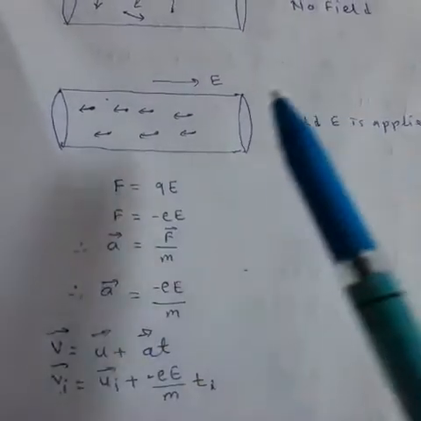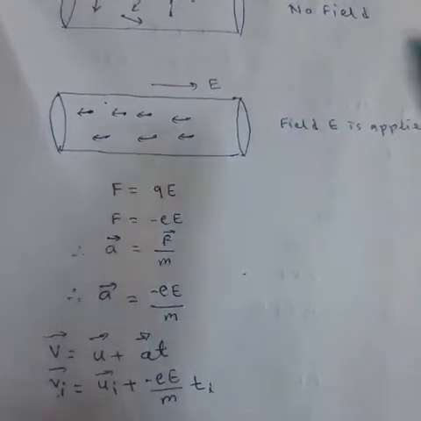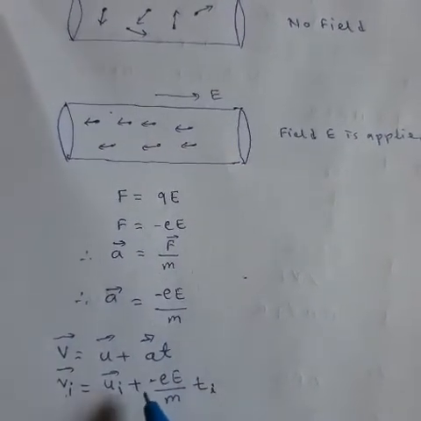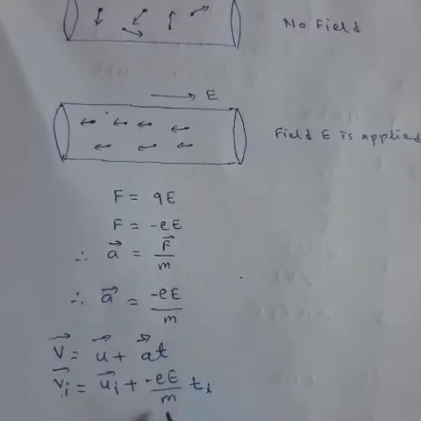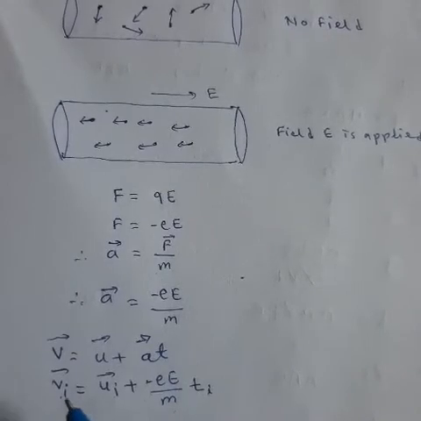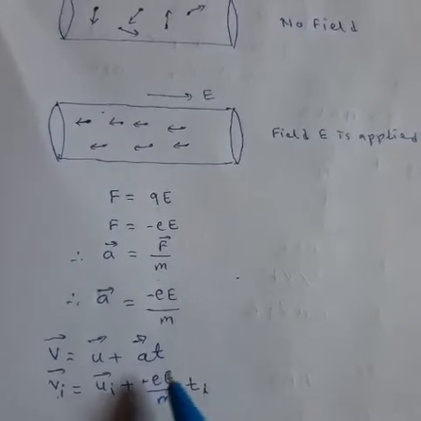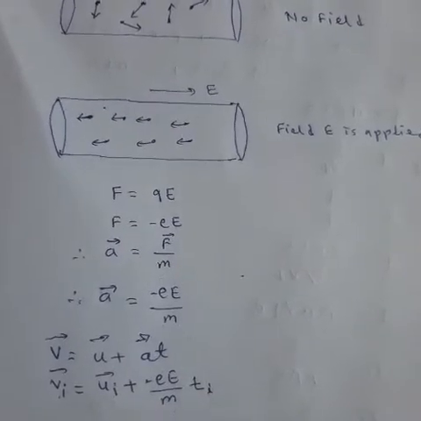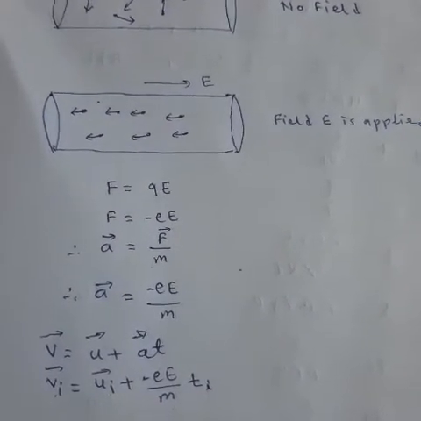Now let us consider the first electron. We can write the velocity of the first electron, v1 is equal to u1 plus minus eE divided by m into t1. For the second electron, we can write v2 is equal to u2 plus minus eE divided by m into t2, and so on up to n.